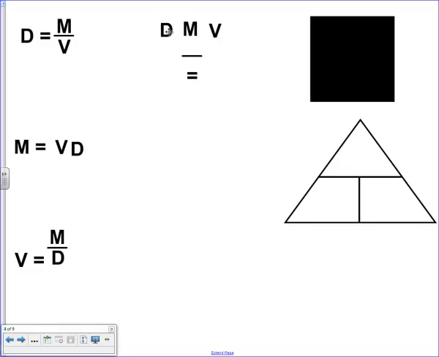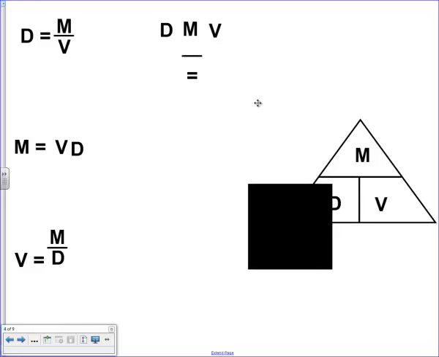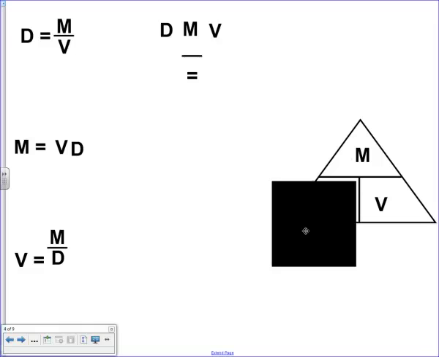Now we do have a little bit of a cheat here to help you remember. It kind of reminds me of the Triforce in Legend of Zelda. So we could fill in the variables into this triangle, and I can use this square to cover up the variable I want. If we work with the first equation and I cover up the d, it looks like m over v, or mass divided by volume.